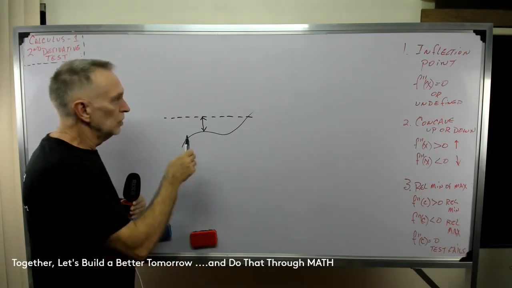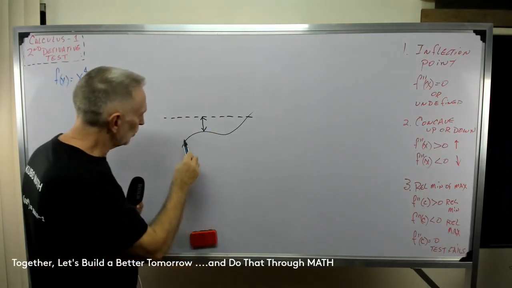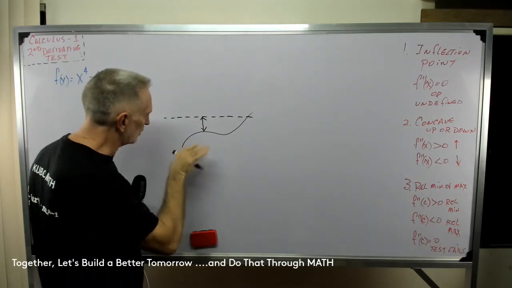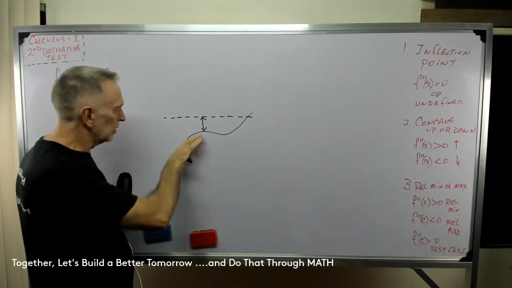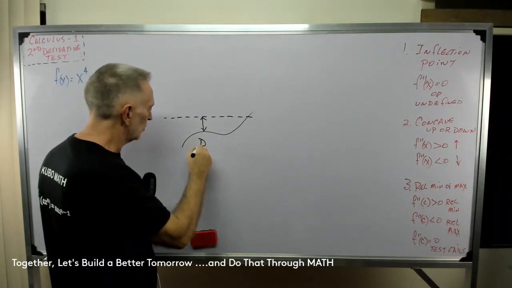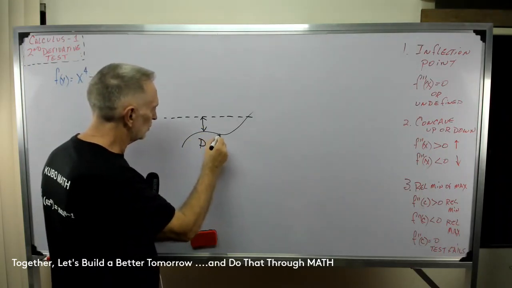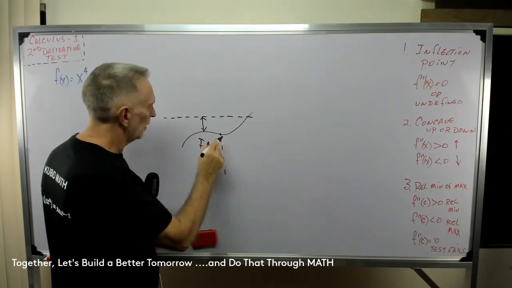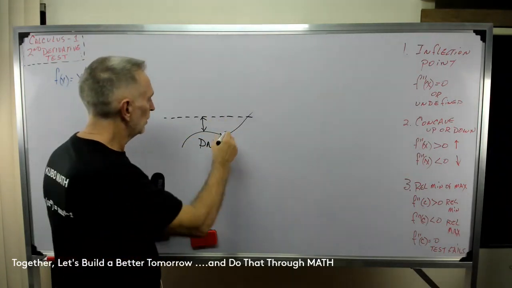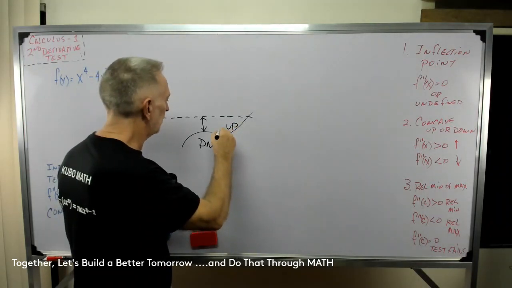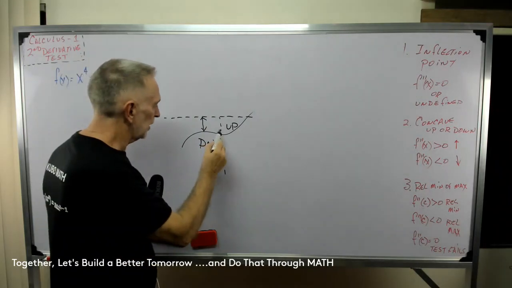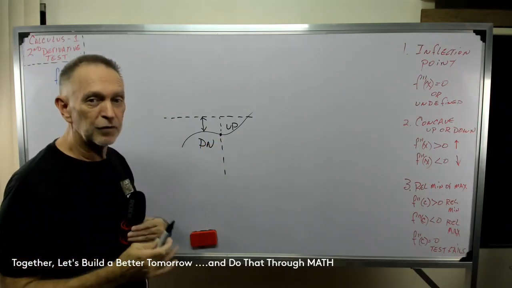So the inflection point would be this point in this function where it is concave downward, and somewhere along in here it makes a change and starts going upward. Well, that particular point would be of great concern.